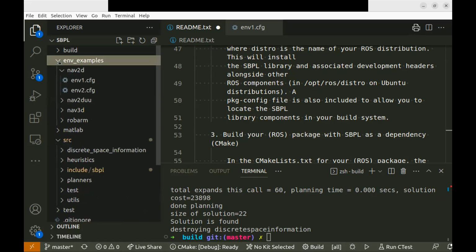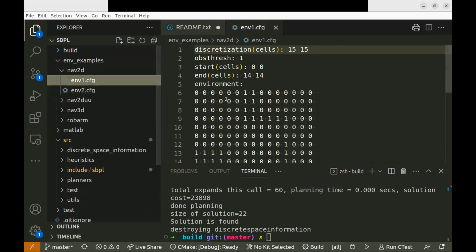And then they have some examples as well. It's a pretty simple text file format. It tells you how many grid cells there are, and then it has this ASCII-like encoding of where the free space is, which is 0, and 1 would be not free space, and where the start and goal are.